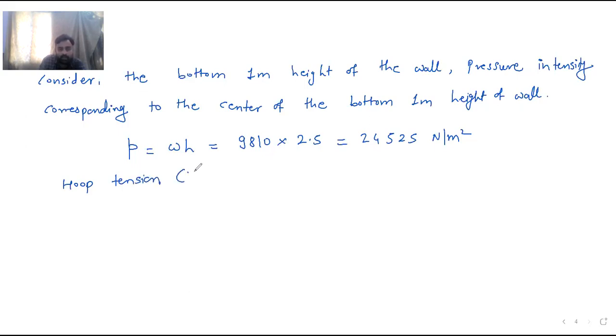Hoop tension T is equal to stress into depth divided by 2, because this is the depth we should take. So it is the stress 24525 into our total depth, which is now 3.5, divided by 2.